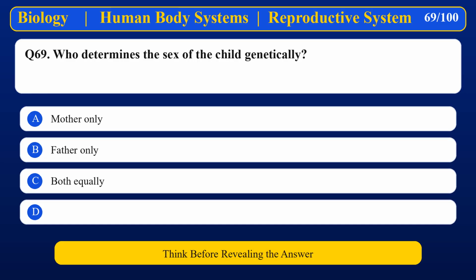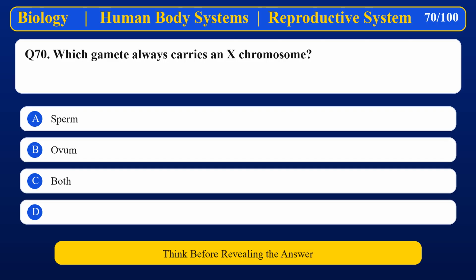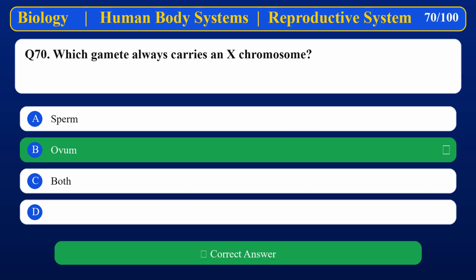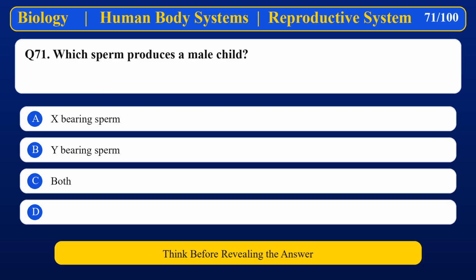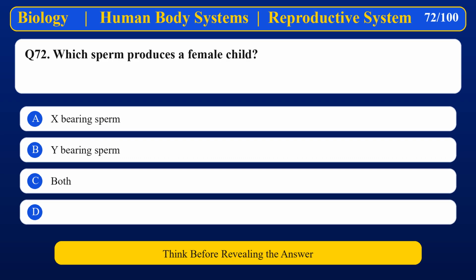Who determines the sex of the child genetically? Father only. Which gamete always carries an X chromosome? Ovum. Which sperm produces a male child? Y-bearing sperm.